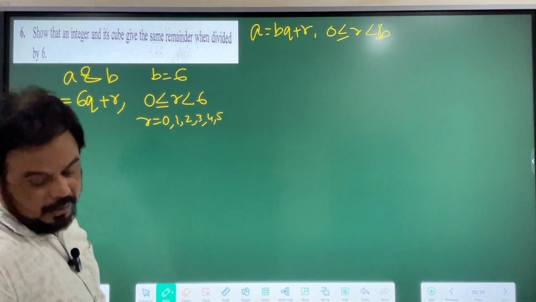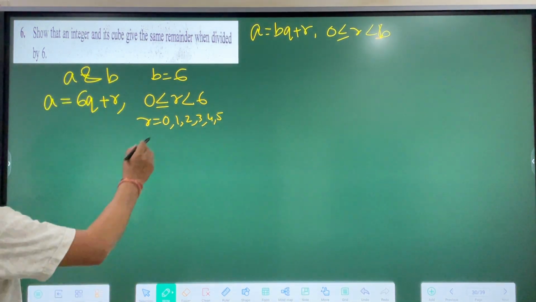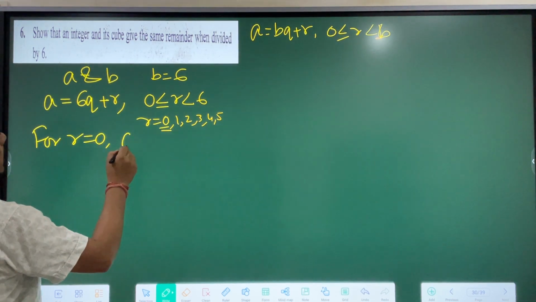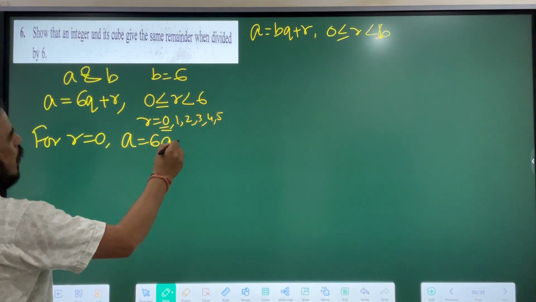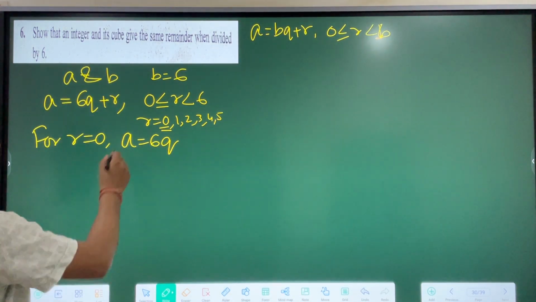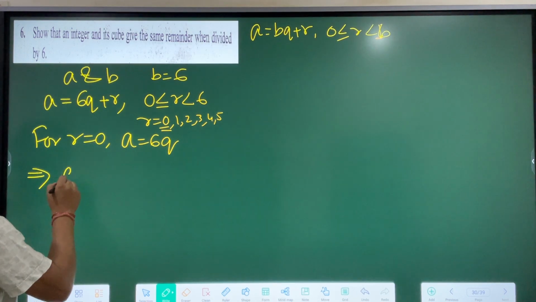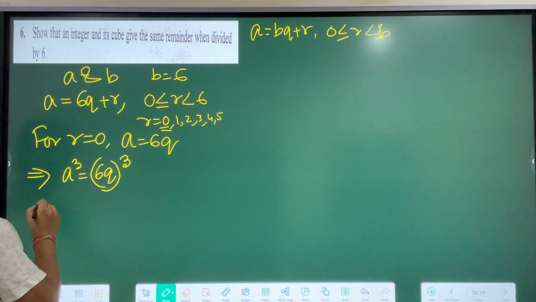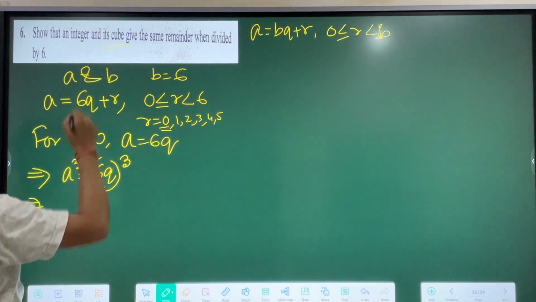So A equals 6Q. First we will put R equals 0. For R equals 0, A is equal to 6Q plus 0. So let us do this one here. Cubing both sides. Why cubing both sides? Because here the cube is given.